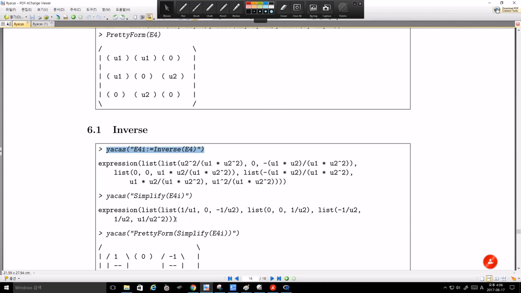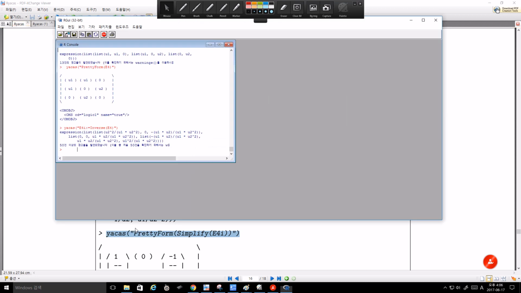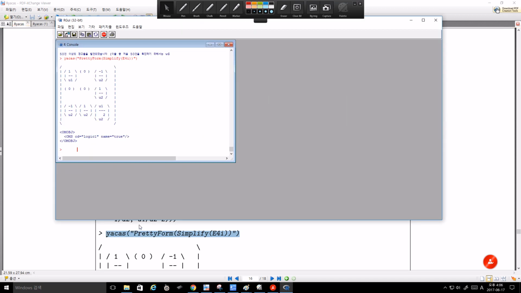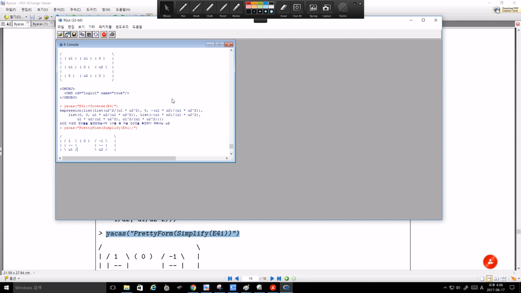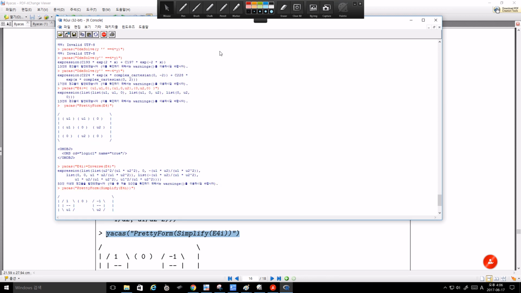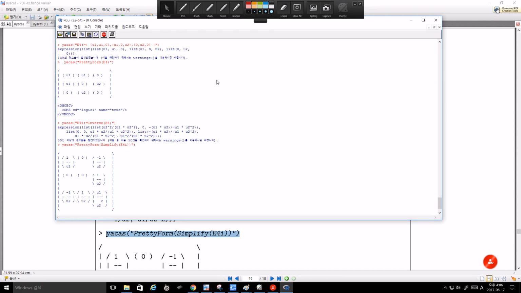It looks like this one. And then we can take a look at the pretty form of the inverse matrix. So here, this is E4, and this is E4 inverse. Here it is called E4i, because we defined E4i over here.